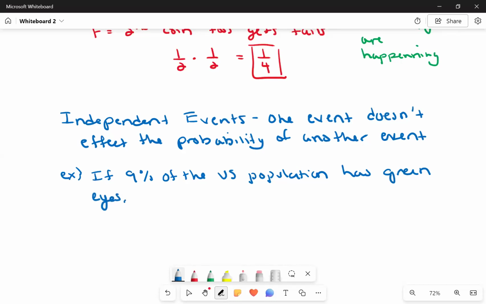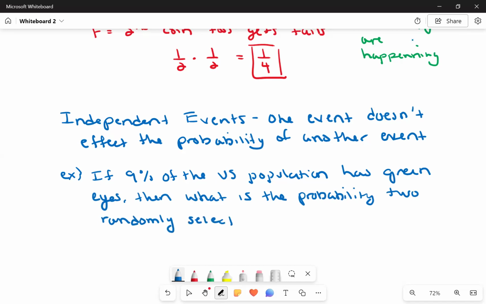Then what is the probability that randomly selected OCCC students have green eyes?